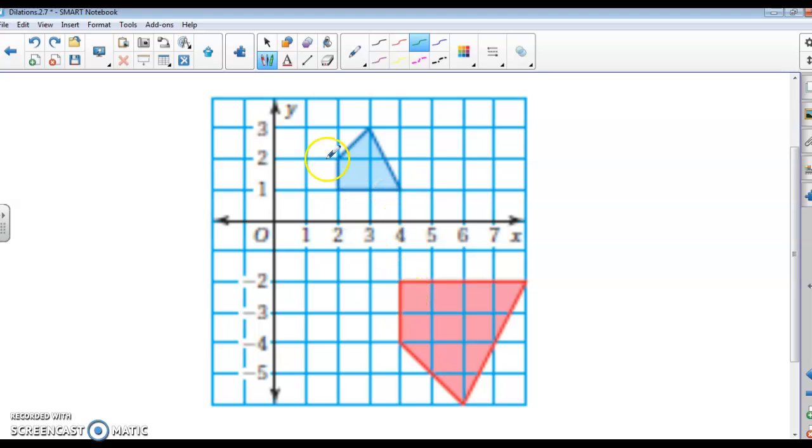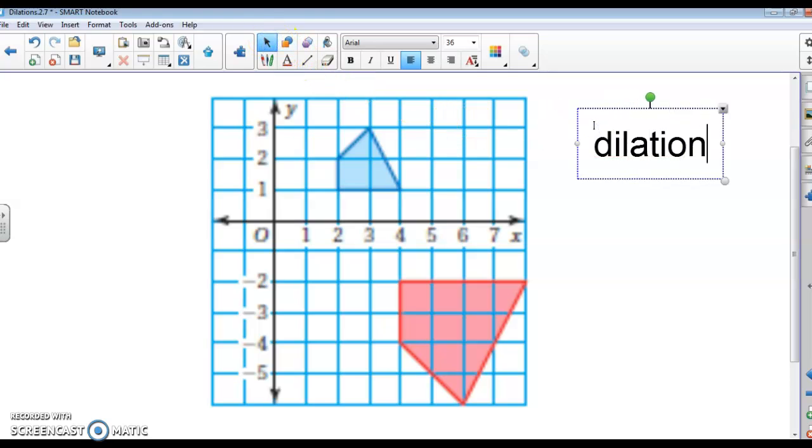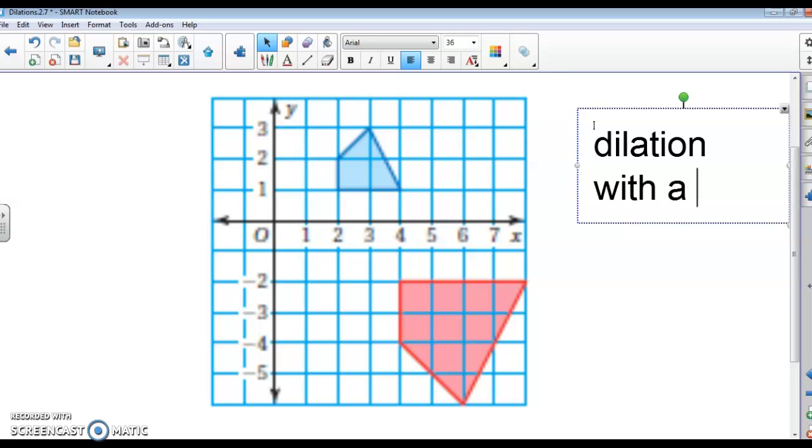So what would I have to multiply 2 by to get to 1, and 4 by to get to 2? Well, if you said a half, I would agree with you. So I would say the first thing would be a dilation with a scale factor of 1/2.